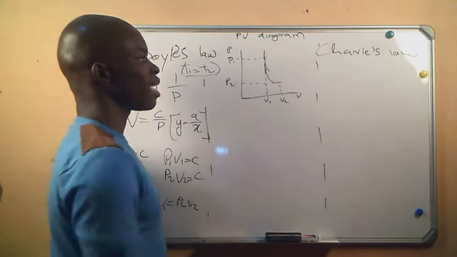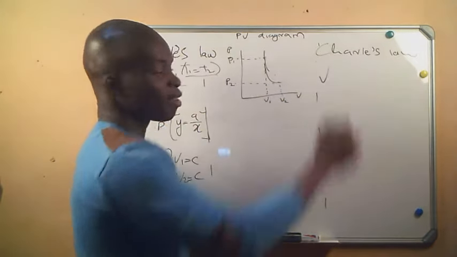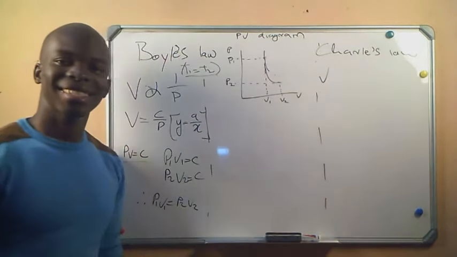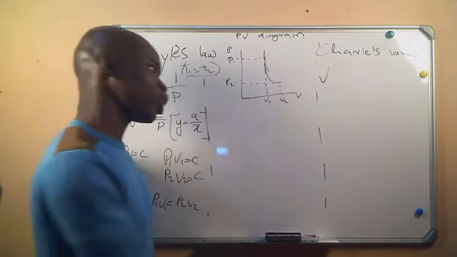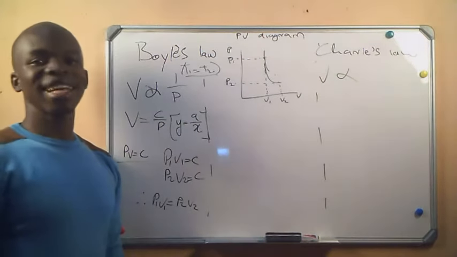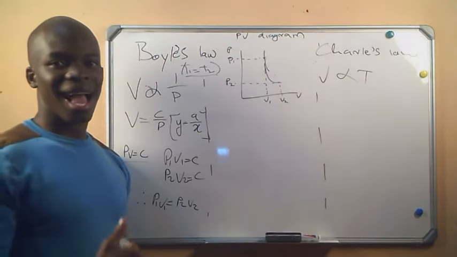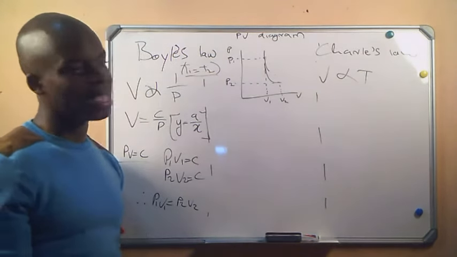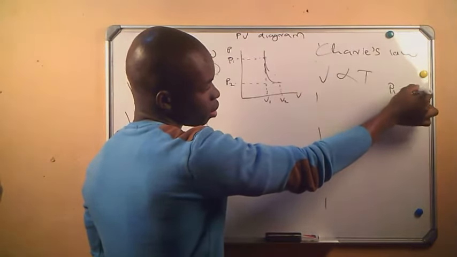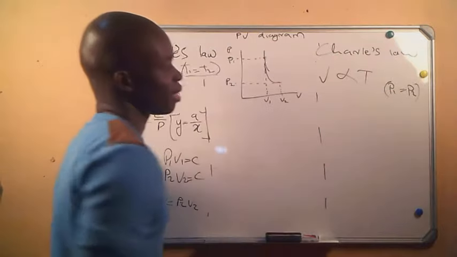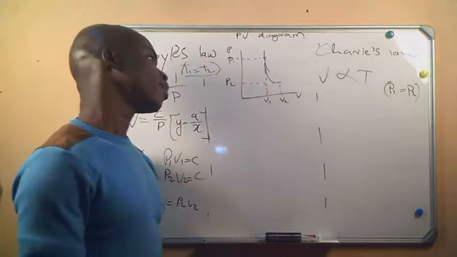Charles's law states that the volume of a gas of a certain mass is directly proportional to its temperature, provided that our pressure remains the same. So P1 is equal to P2. This is a requirement. If this is not so, then this is not possible.